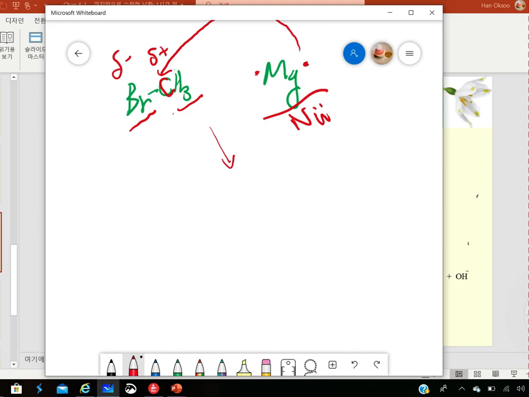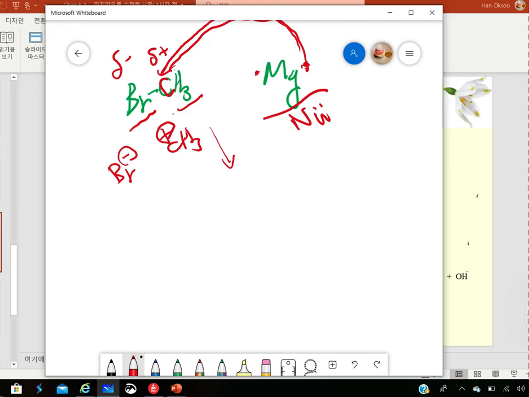Magnesium will behave as an electron donor, it's a nucleophile, and carbon in CH3 will behave as an electrophilic center. So these two electrons move to carbon like this, and Br will be Br minus, and CH3 is just like CH3 plus, just as I explained in the previous slide.